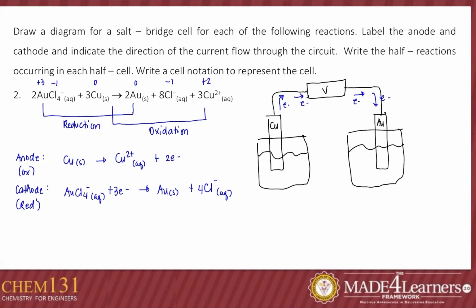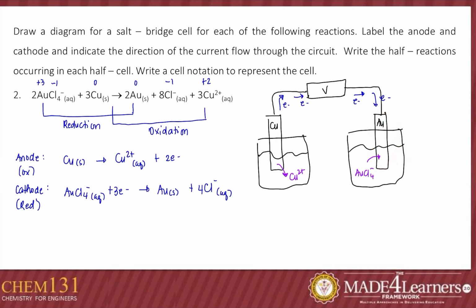So when copper undergoes oxidation, it loses electrons producing Cu2+, and the AuCl4 negative in the solution goes to the cathode to receive the electrons to form gold. So the copper anode will be used up, and the gold cathode will become thicker.